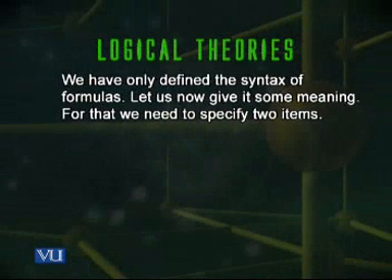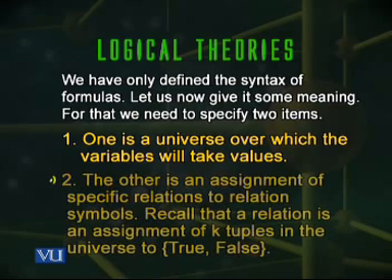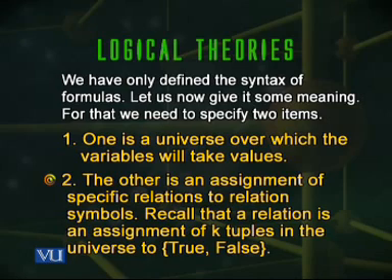Let us now specify the two items that are needed to give meaning to these formulas. One is the universe over which the variables will take values. The other is assignment of specific relations to relation symbols. Recall that a relation is an assignment of k-tuples in the universe to the set {true, false}.